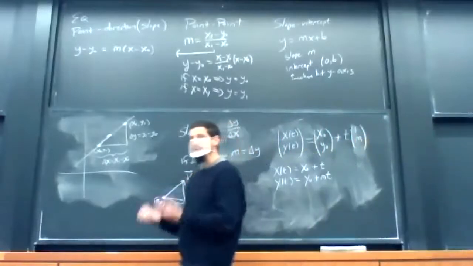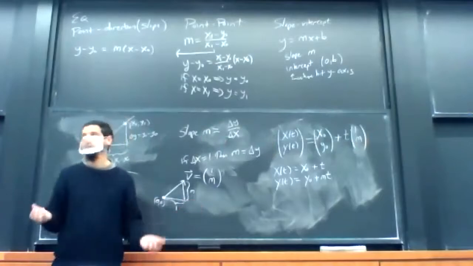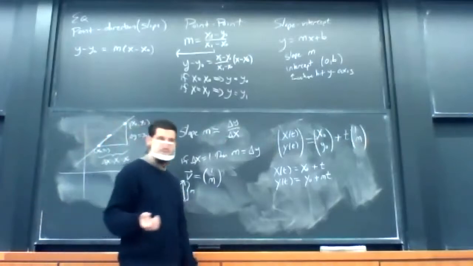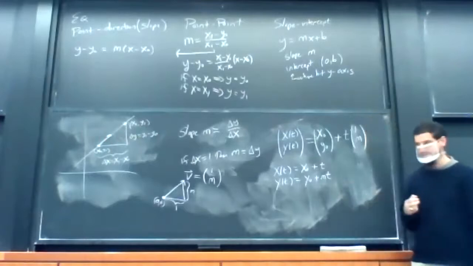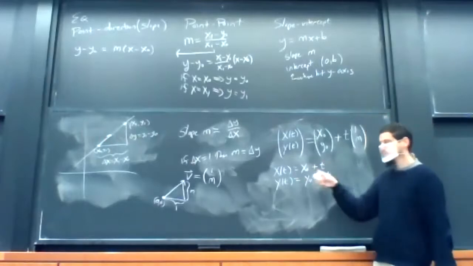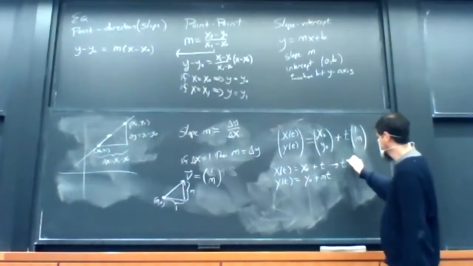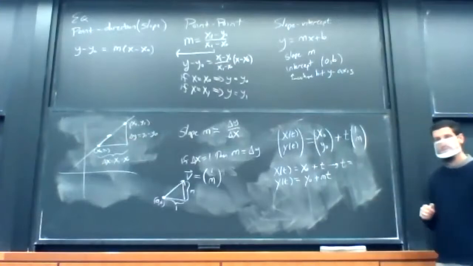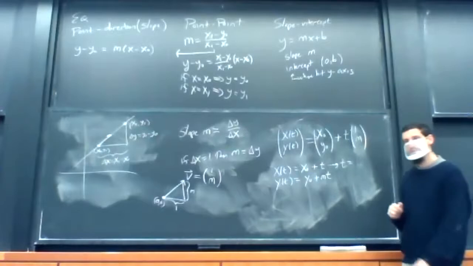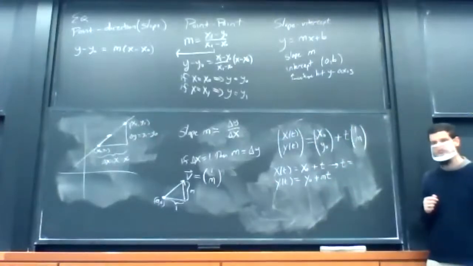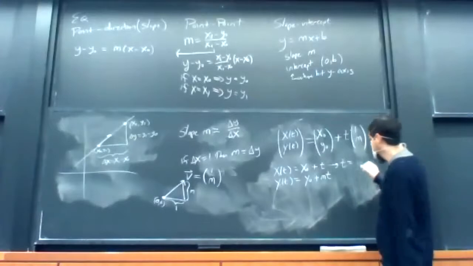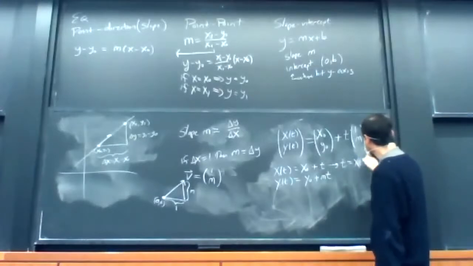Normally when we do equations of lines in the plane, we don't have a parameter t for time. We like to study how things change in time, but in the plane we might just physically write down the equation y as a function of x. Well, I can replace t with x. What does t equal? If x of t is x naught plus t, what would t equal? x of t minus x naught.